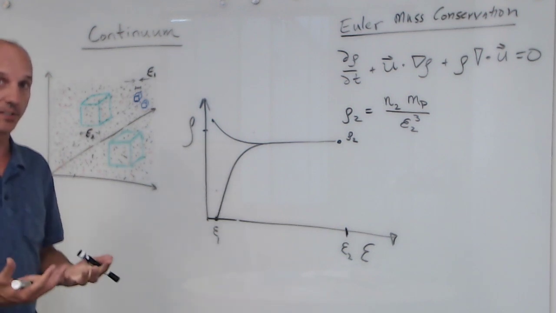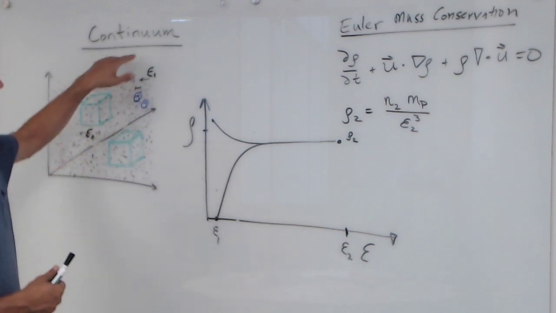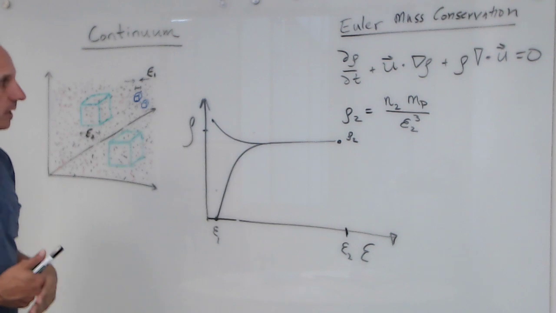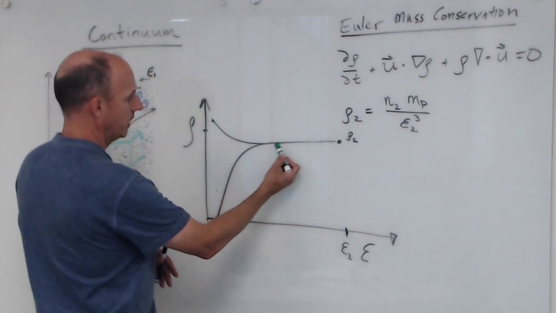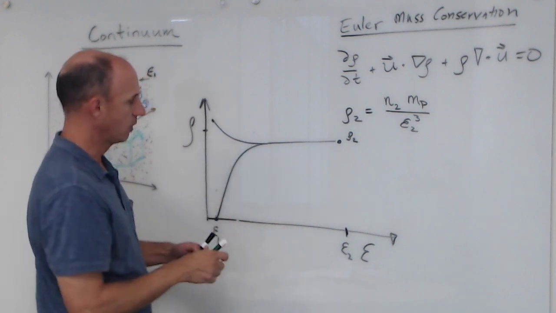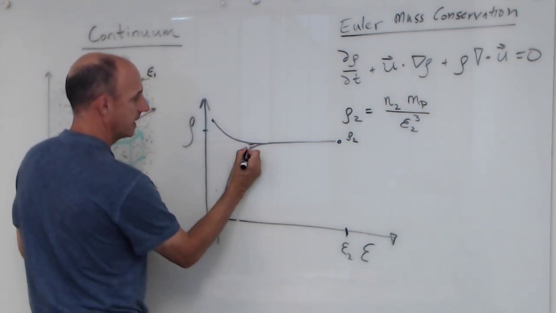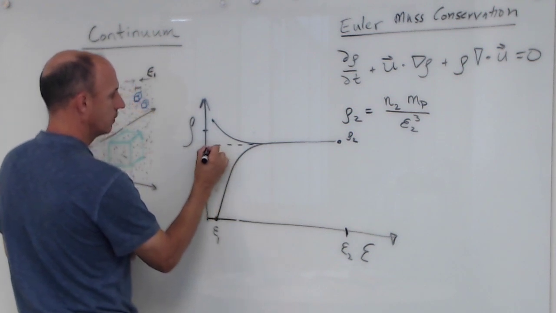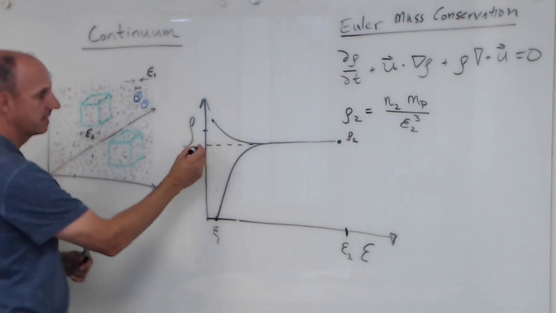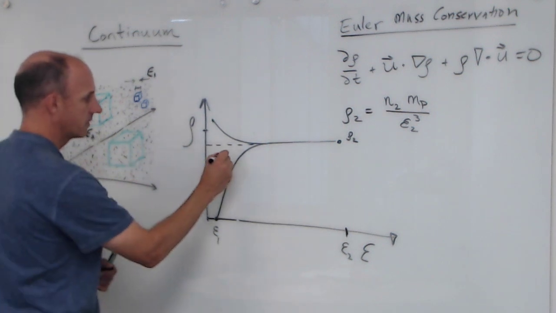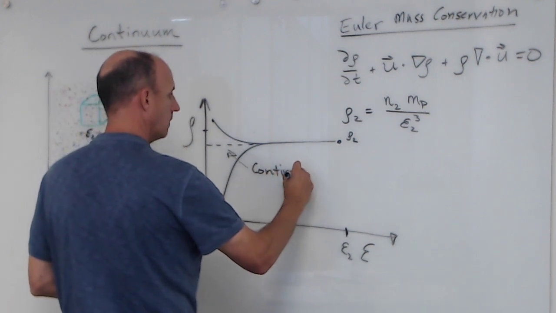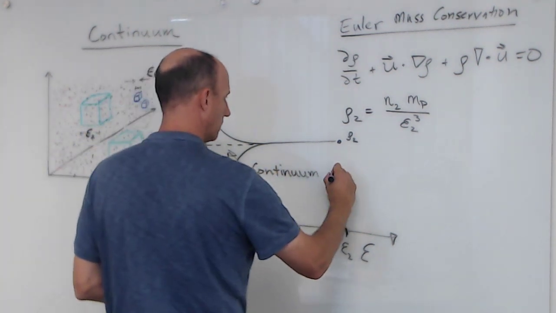So what engineers have done is introduce the idea of a continuum, okay? What we do is, even though in reality, density is not defined at really small scales, we go ahead and say that it's okay to assume that as you get to smaller and smaller scales, the density remains the same. And so this is known as the continuum assumption.